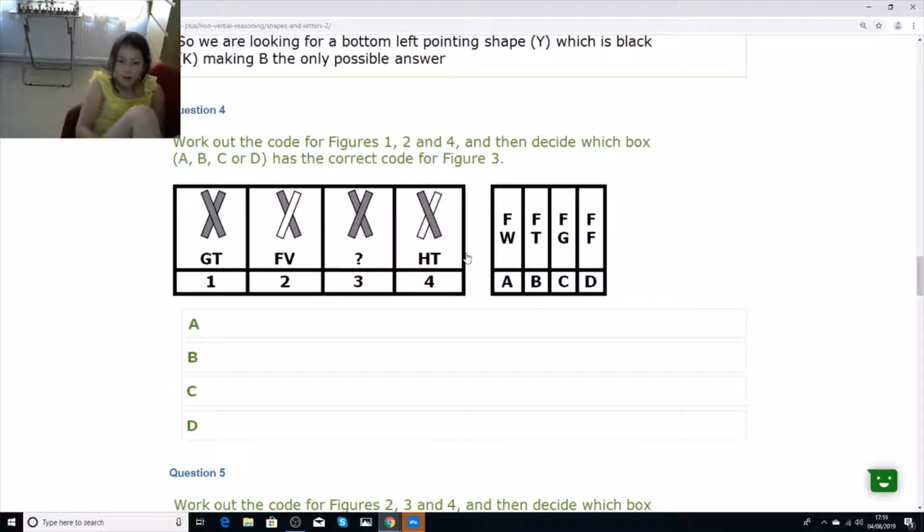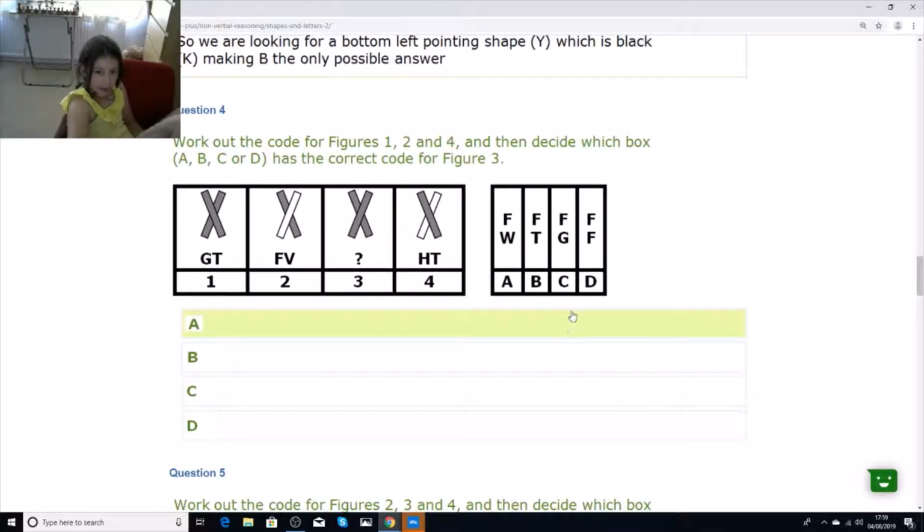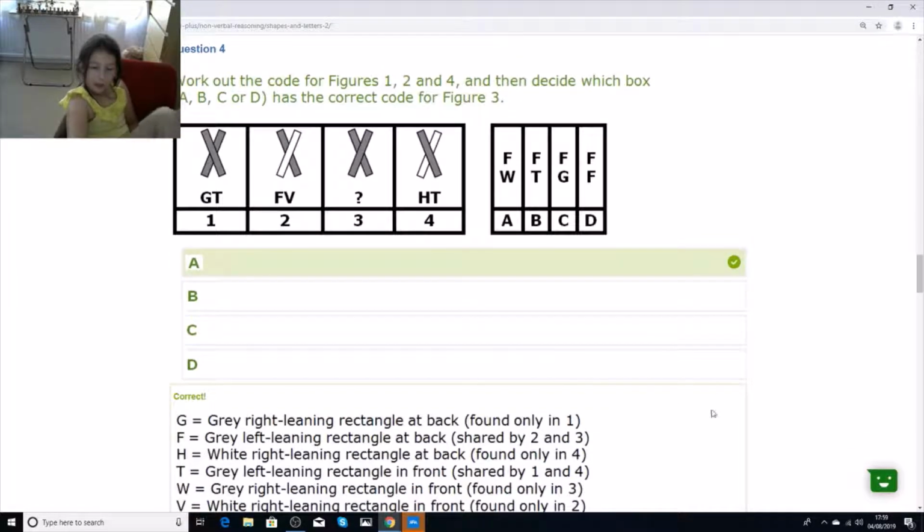So the last letter of 3 must be... It's... Everything is different. I'm not totally sure. Let's just take a guess. Let's just say A, and we'll probably be correct. So let's see why it's A.